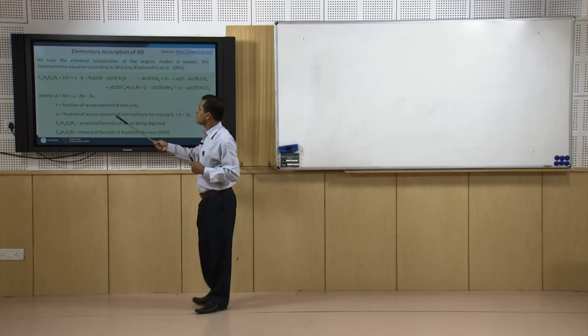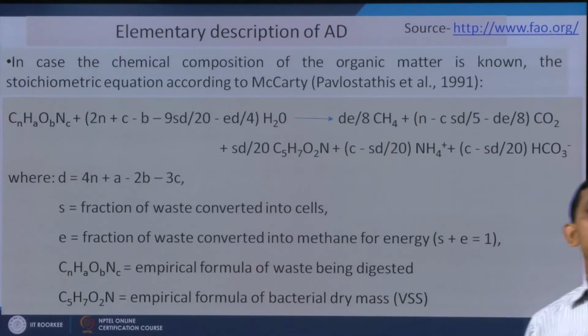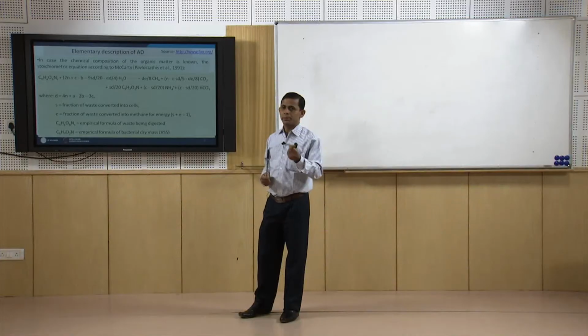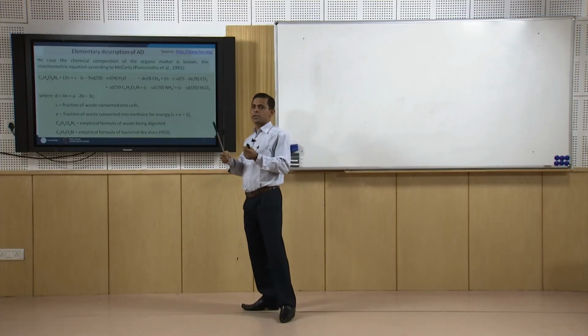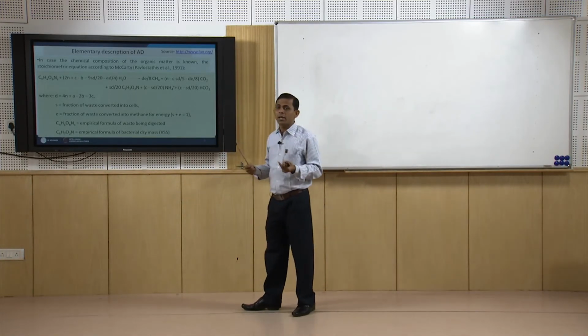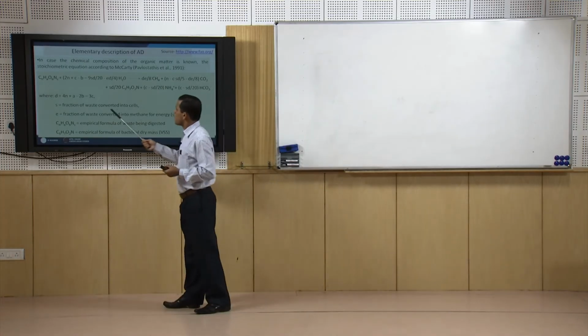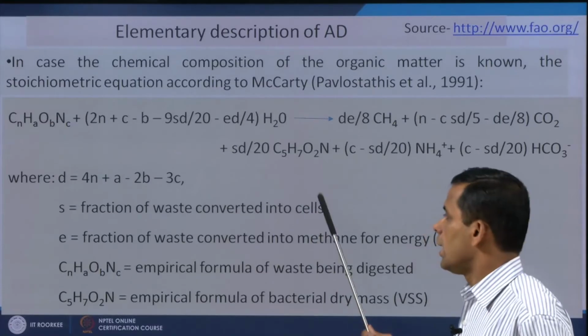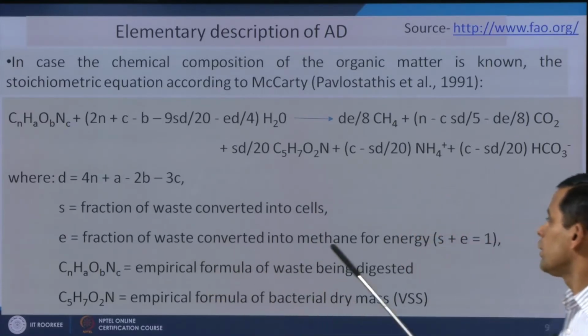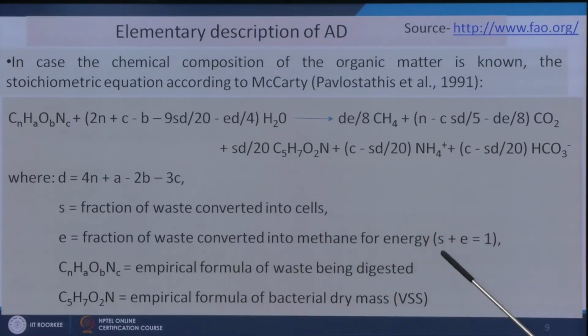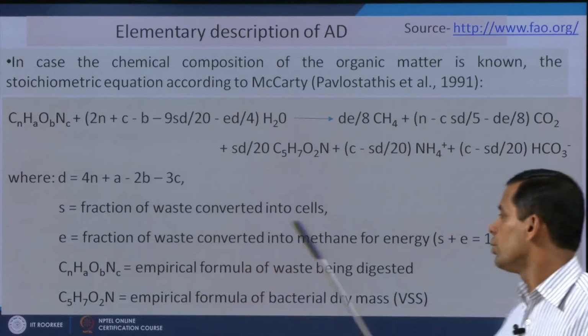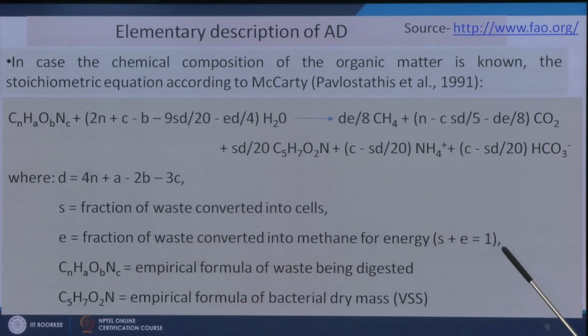That is the fraction of waste converted into cells. The waste or organic material used as feedstock is partly converted to bacterial biomass and partly converted to energy. So s is the fraction of waste converted to cells, and e is the fraction of waste converted to methane for energy. So s plus e is equal to 1.